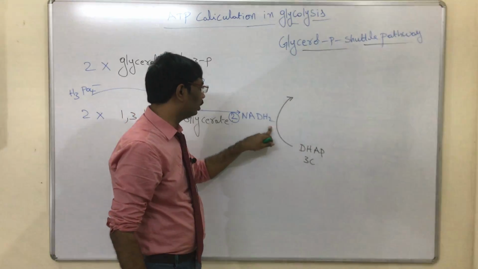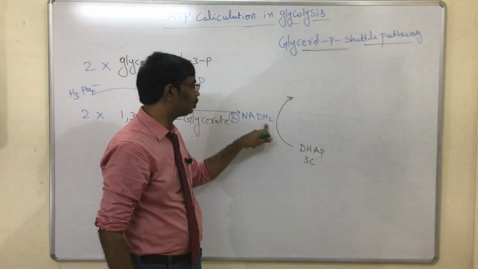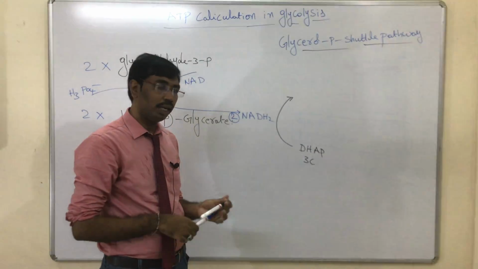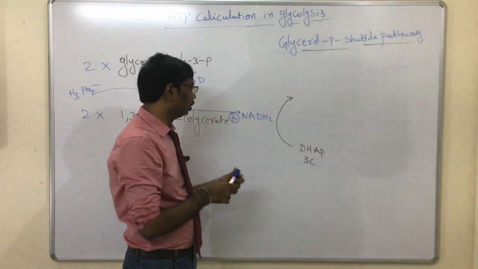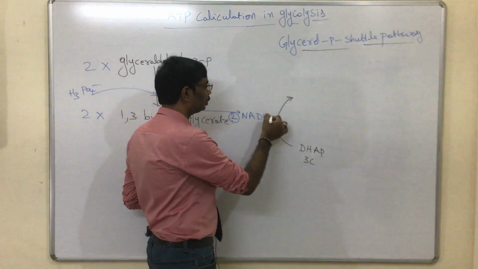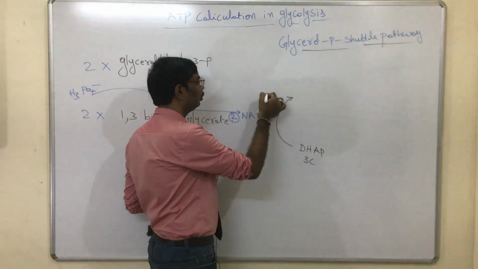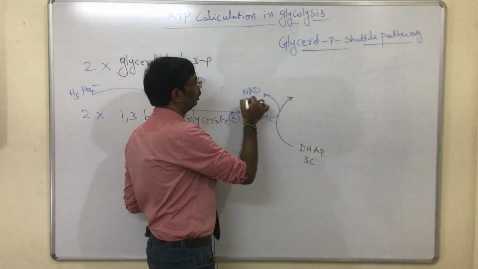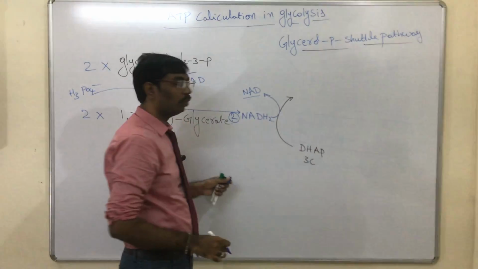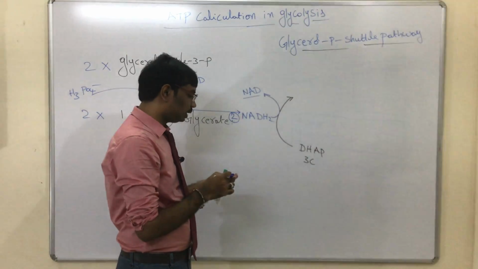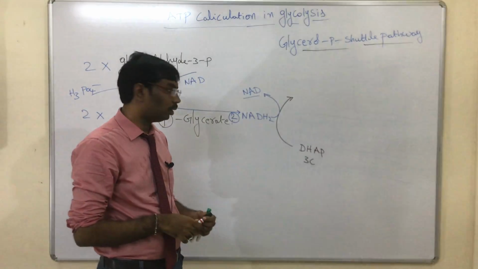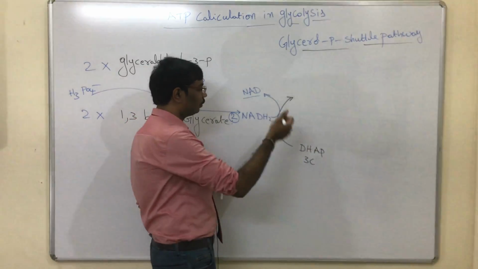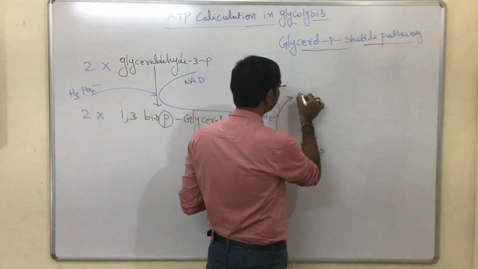So when it is reacting with NADH2, the NADH2 transfers its hydrogens to the DHAP. So during that reaction, what chance to happen? This NADH2 is converted into NAD. So this dihydroxyacetone phosphate is converted into glycerol 3-phosphate.